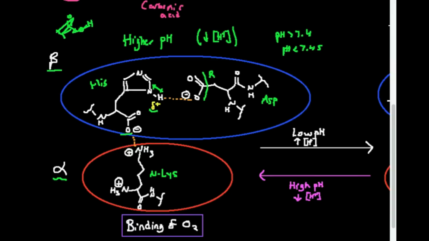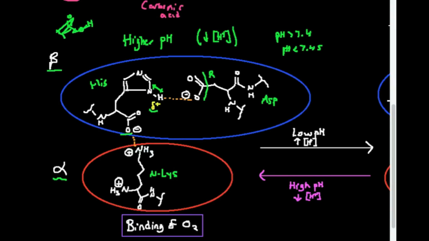Now, one thing that is really important here is that binding of oxygen occurs in one of 2 states of hemoglobin. There is an R state and a T state. The R state is basically whenever you are binding oxygen to hemoglobin. The R actually stands for relaxed, and basically that is when oxygen tends to be bound.